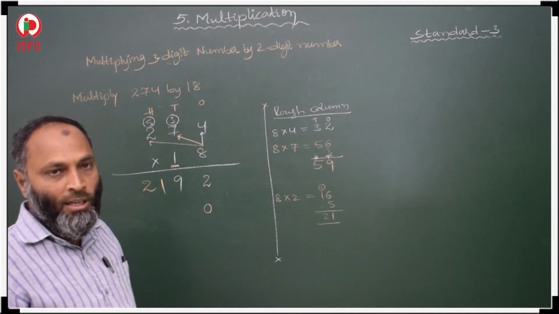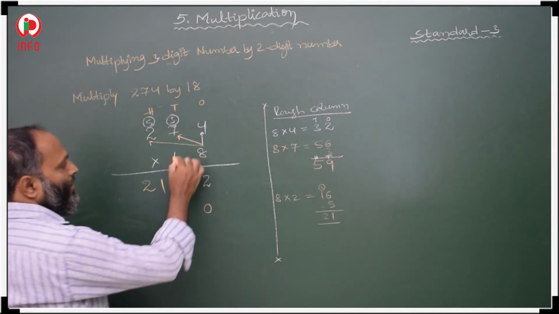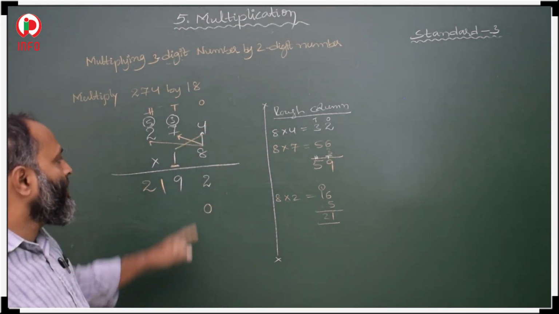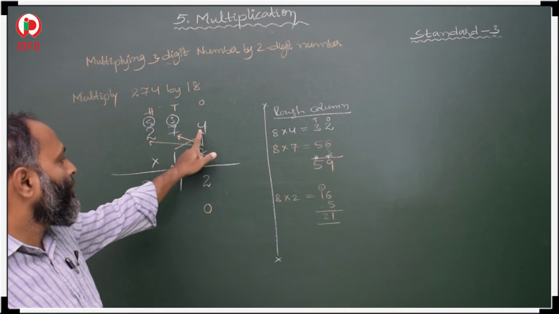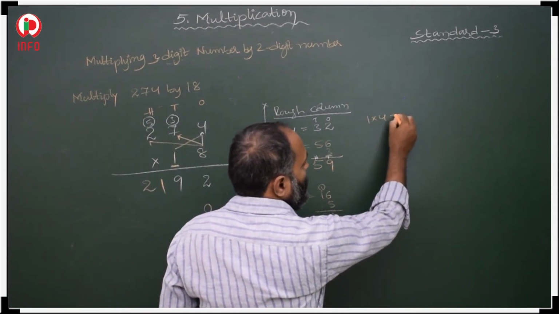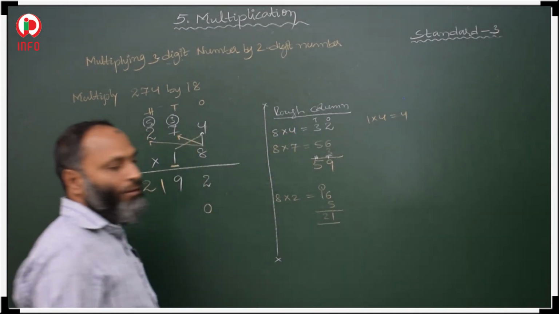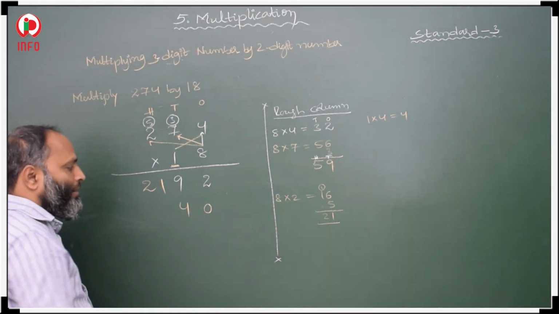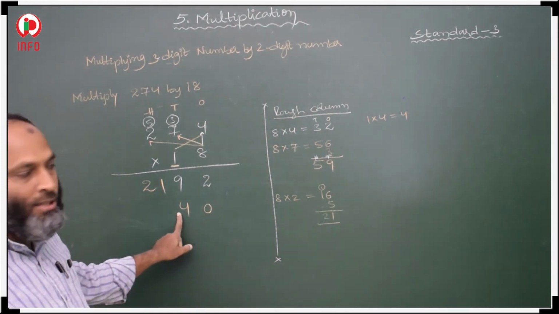Now you start with 1. 1 with ones place. What is there in ones place? 4. 1 4s are 4. Here only a single digit number. That single digit we have to write after 0, means in tens place.